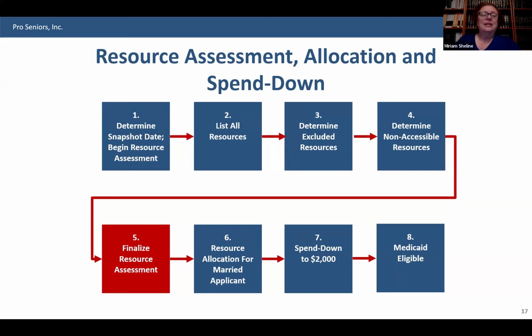The key here is whether our resident is suffering from a physical or mental impairment such that they cannot get the verifications or cannot access that resource. If so, those resources should be excluded. And that gets down to what's left: our accountable resources, which we are now going to allocate between husband and wife, or between the spouses.